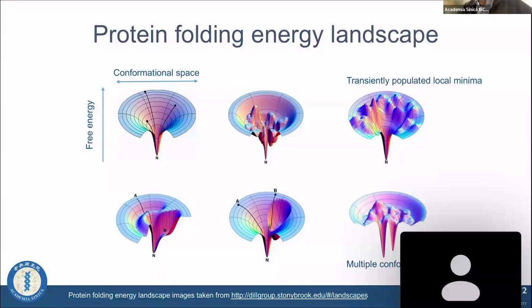And in some extreme cases, we have examples that can sample distinct conformations that are sort of bistable. That's exemplified on the lower right corner. You could have multiple conformations that are comparably stable, and to jump from one conformation to the other, you will have to overcome a large energy barrier to sample the other conformation.